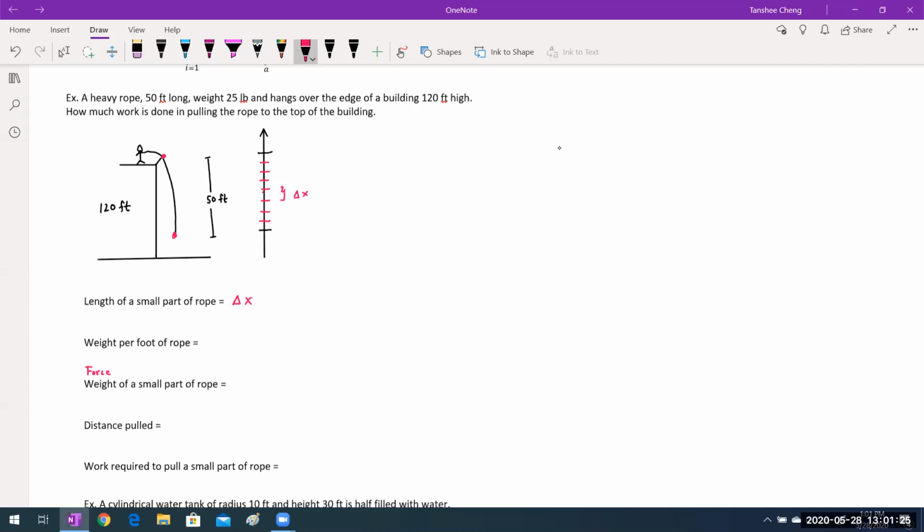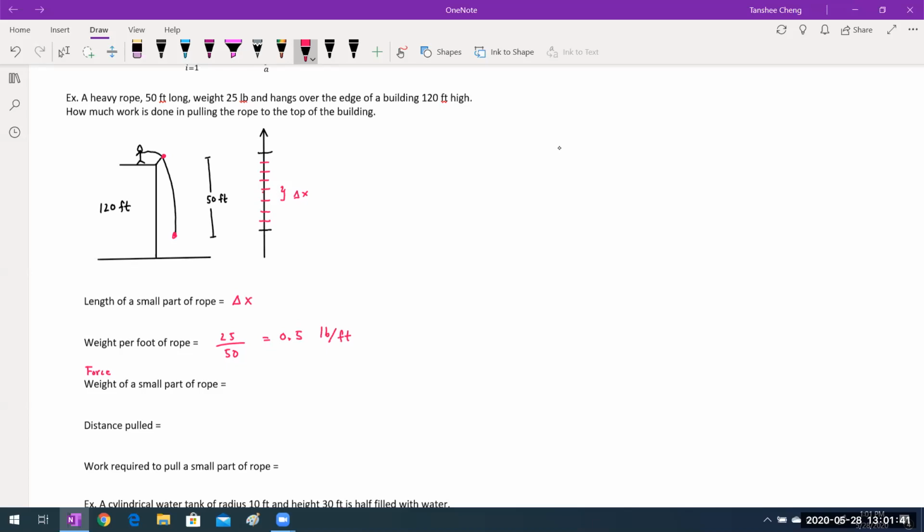So we have 25 pounds divided by the length, which is 50, and that gives me 0.5 pounds per foot.